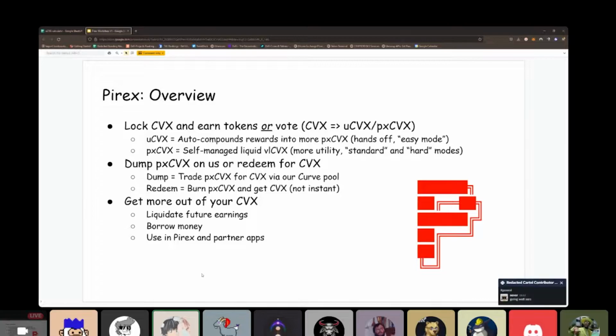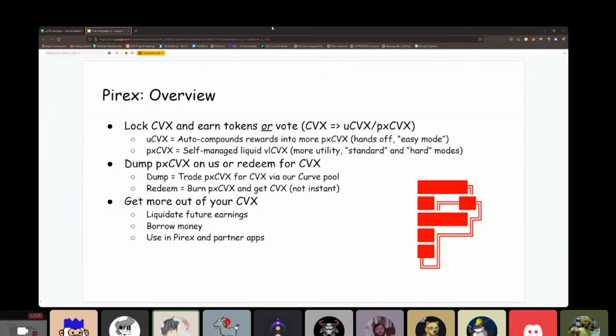And so I think the third point is probably the least, it doesn't sound that cool, but this is probably one of the things that we're most excited about: the ability to stay within the Convex ecosystem and be able to do more stuff with it. Because right now, if you wanted to get a loan or something, you'd probably dump all your bribes for whatever necessary tokens, and then go to something like Aave or Compound in order to get those loans, right?